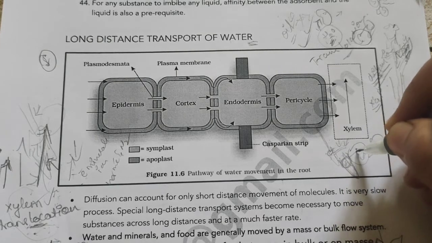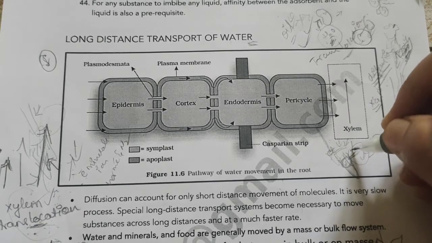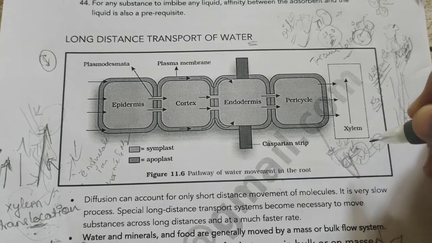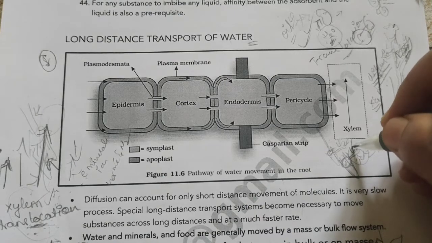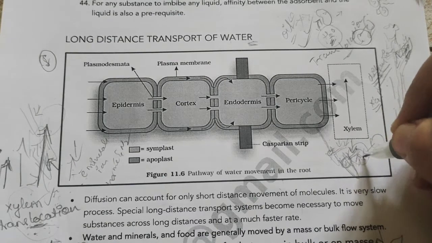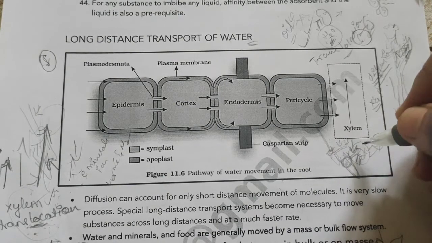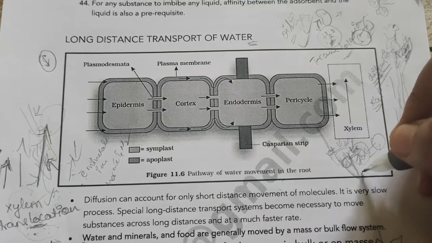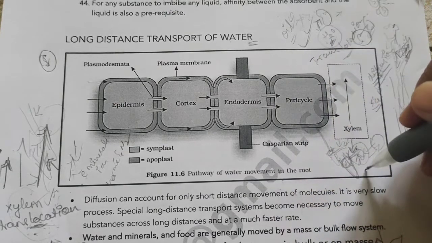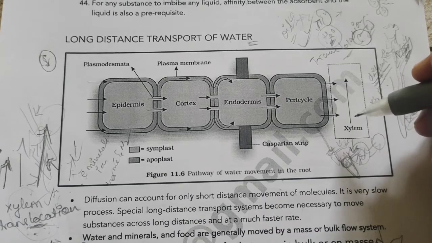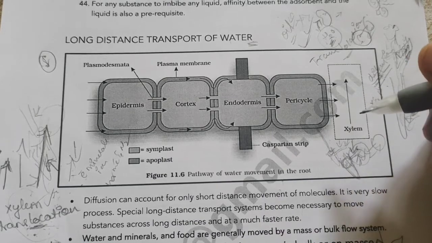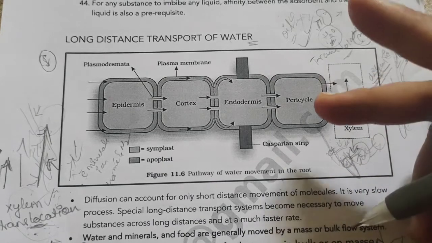From the epidermal cells arise thin thread-like structures called root hairs. They are involved in the absorption of water and mineral nutrients, and then the water has to travel inside the plant.